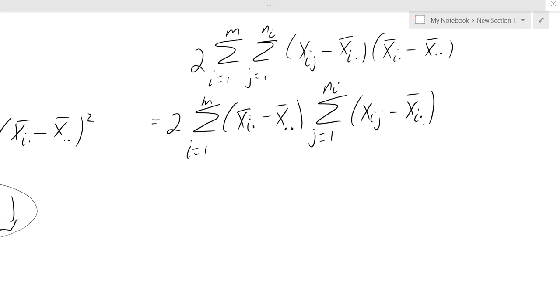So if I add all of those up, it would just be n sub i times that, wouldn't it? And for an individual i, when I take this sum from j equals 1 to n sub i, if I were to divide this by n sub i I would get that mean, x sub i bar. It's how we get the mean.